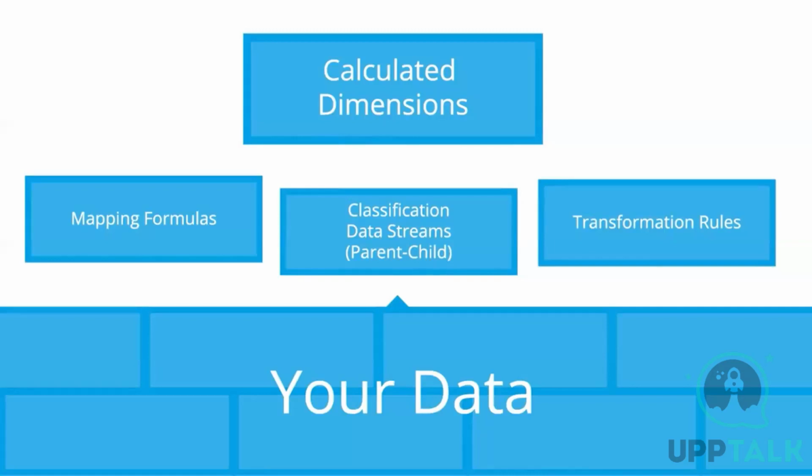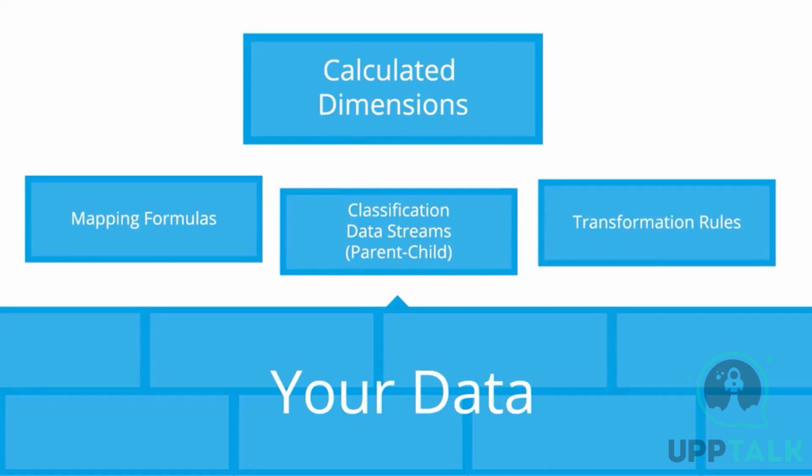There are certain transformation rules or transformers that you can use to harmonize your data. Pretty simple stuff, but important stuff. Now your data has mapping formulas, classification data streams, transformation rules, and all sorts of things. But all these things come under the umbrella of calculated dimensions.